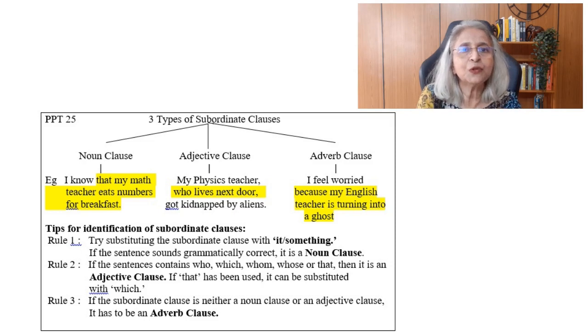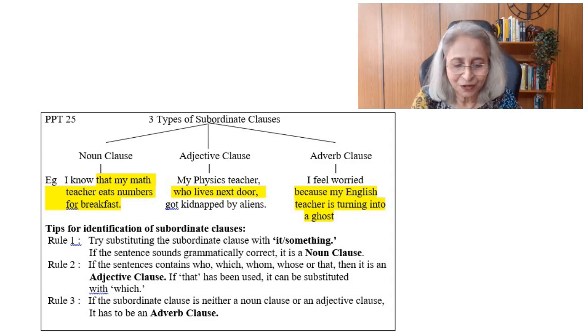These are the words used to introduce an adjective clause. So let's take up the first sentence. My physics teacher who lives next door got kidnapped by aliens. So you can straight away recognize it as an adjective clause. Why? Because it contains the word who.